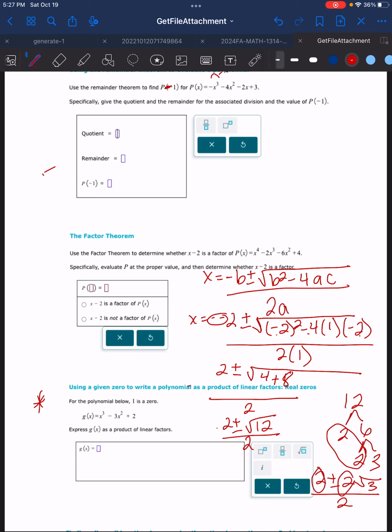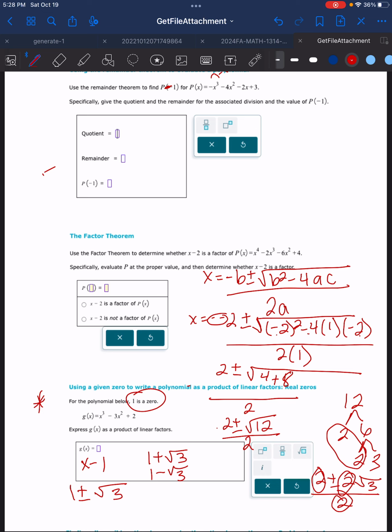This simplifies down to 1 plus or minus square root of 3, which is the same as saying 1 plus square root of 3, 1 minus square root of 3, and what we had at the beginning, which was x minus 1.